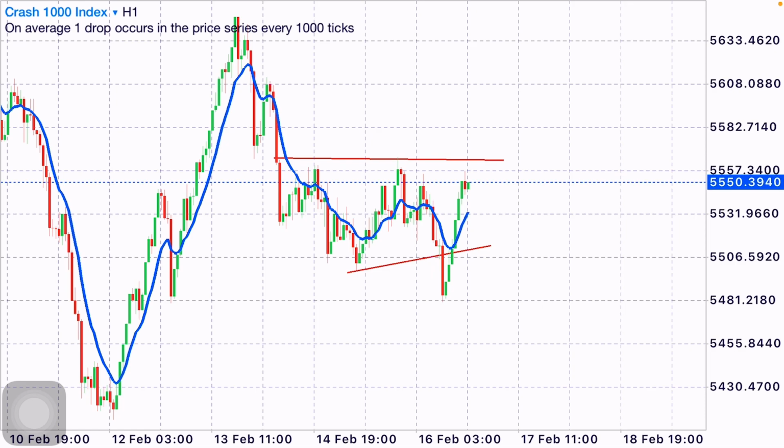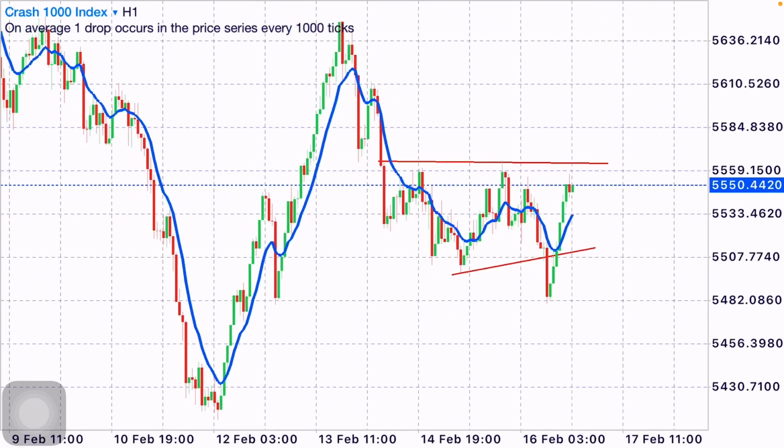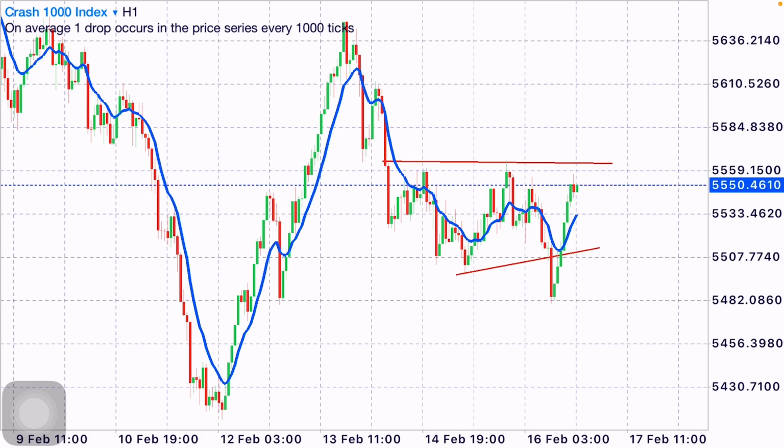So if the market comes down below this trend line, it means it's a sell market. That is you trading spikes. But if this candle that is forming now crosses this trend line up here, you should know that it's going to be a buy market up here.